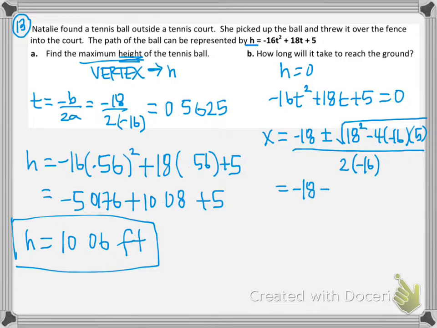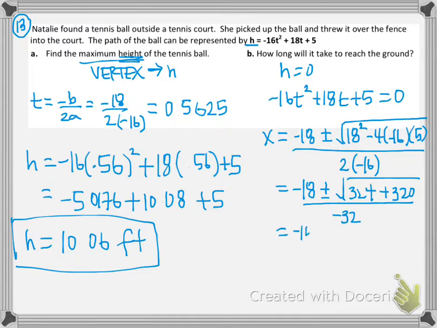So it'll be negative 18 plus or minus the square root of 18 squared and then 4 times 16 times 5, plus 320, all over a negative 32.